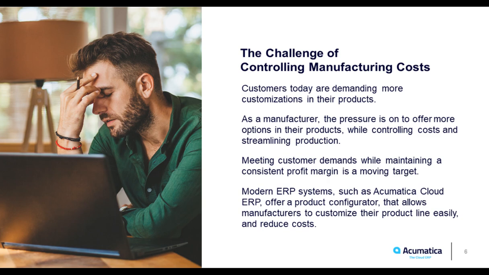So they want the ability to create these configurations quickly with very little effort, and to actually have that flow directly through the system from a sales opportunity, as an example, into a sales order and then actually create that custom configurable order in the production side. So we're going to touch on that when we get to the presentation and the demo.